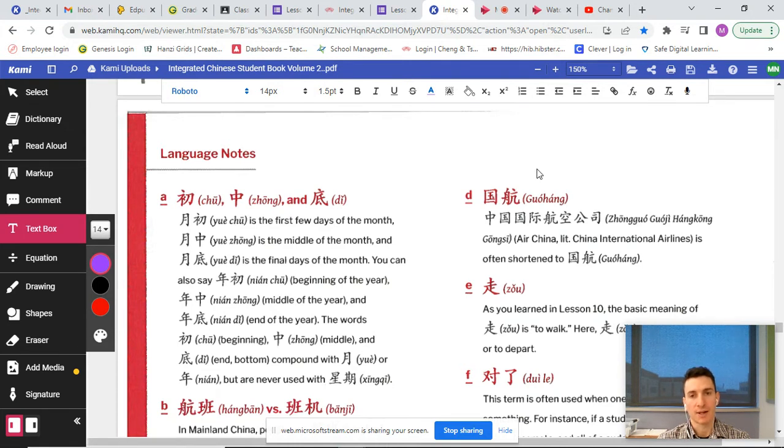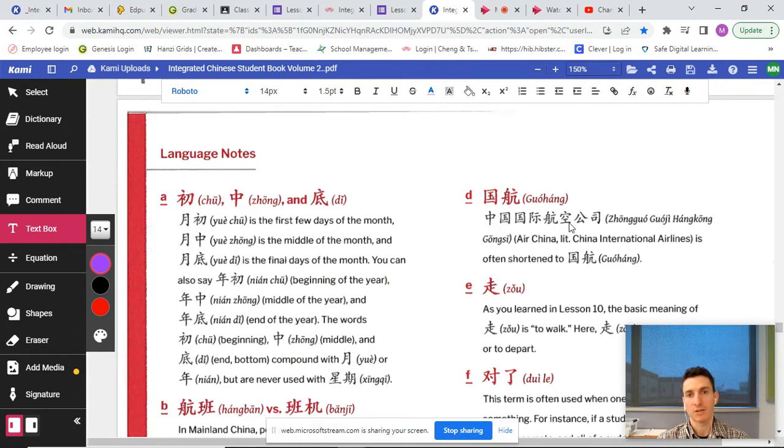They just cut out a bunch of words to abbreviate. Usually abbreviations end up being just 2 characters. For example, Air China, which is China's premier airline, as opposed to China Airlines, I think it's called, which is Taiwan's premier airline. So it's a difference.